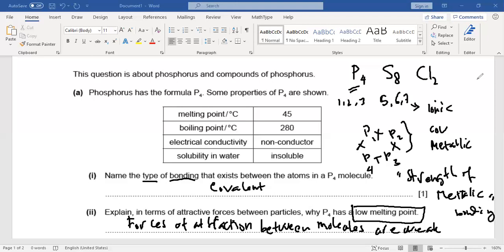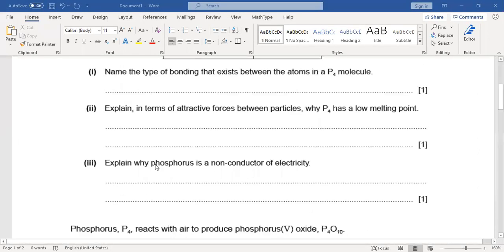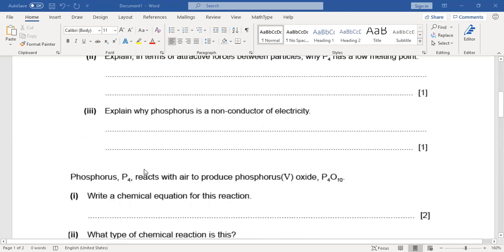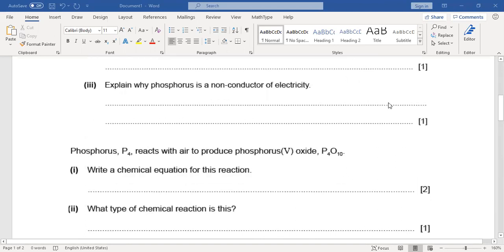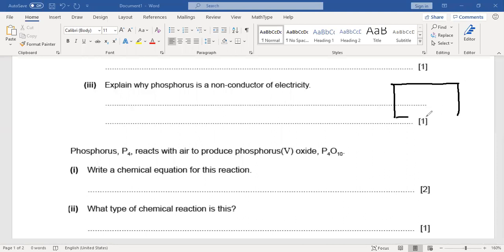All right, so next, let me discuss this question. Explain why phosphorus is a non-conductor of electricity. If we talk about conductivity of electrons in the lattice structure of metal, with metallic bonding, for example, if this is the first layer, this is the second layer, and this is the third layer, then we have a sea of moving electrons like that.